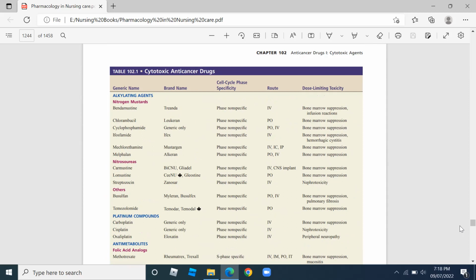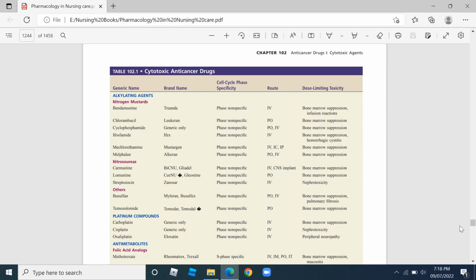Most of the anti-cancer drugs have bone marrow suppression as an adverse effect, and the other very common one is GI disturbance. But in this chart you may see the specific dose limiting toxicity related to the drug or the class of drug.